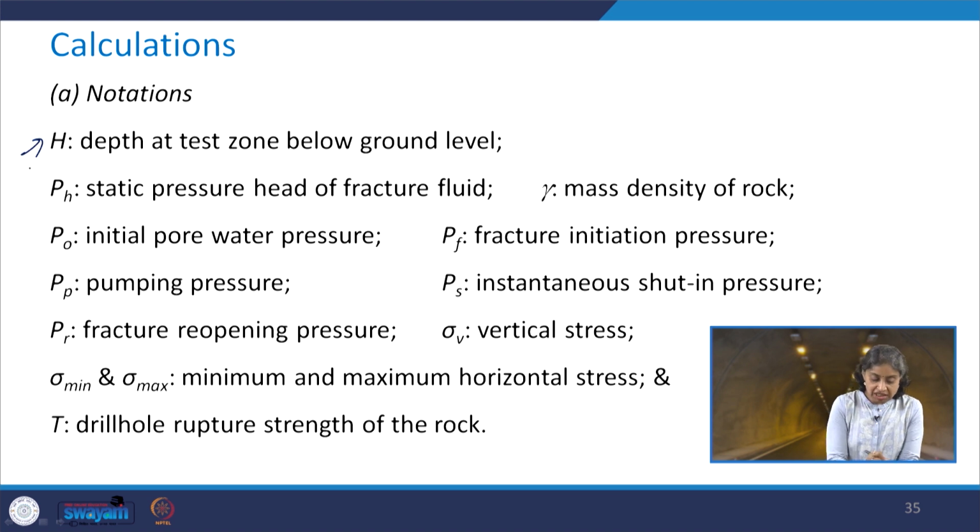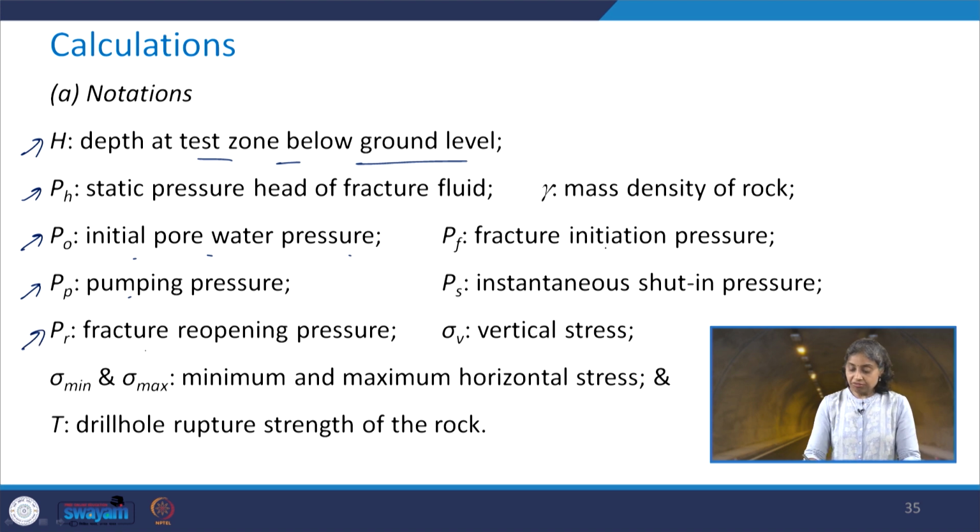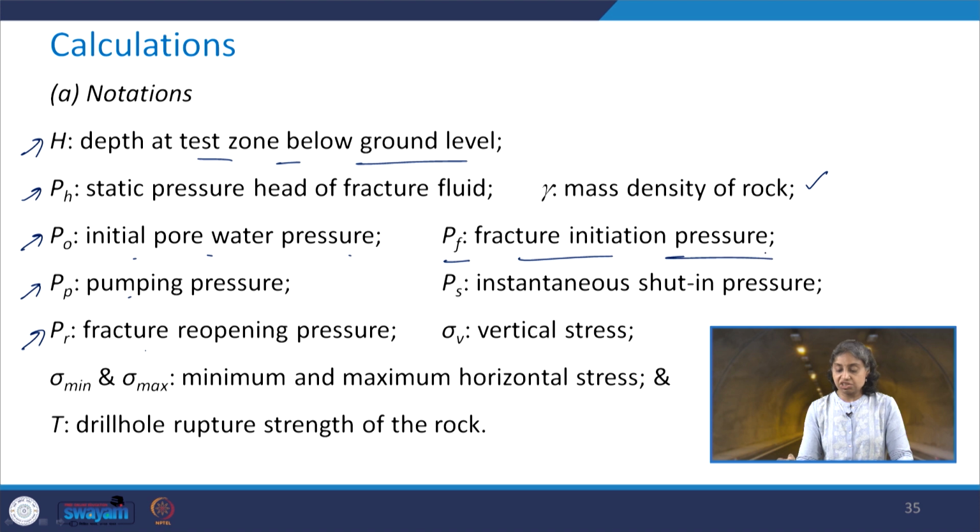H is the depth of the test zone below the ground level. pH is the static pressure head of the fracture fluid. P naught is the initial pore water pressure, PP is the pumping pressure, PR is the fracture reopening pressure. Then we have gamma as the mass density of rock, and PF as the fracture initiation pressure.